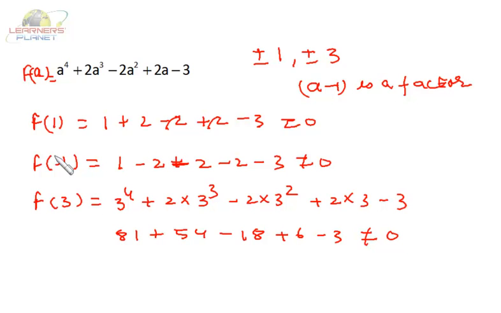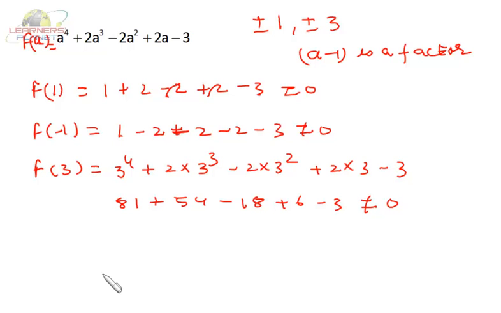Okay, now let's calculate f of minus 3. So f of minus 3 is equal to minus 3 raised to 4, that is 81. Then minus 3 cube is minus 27 into 2, minus 54.